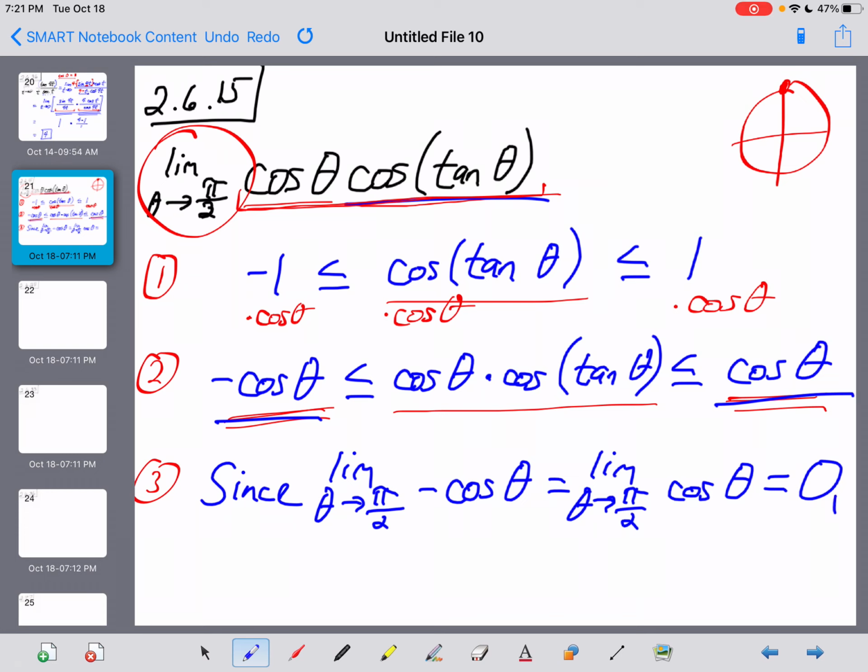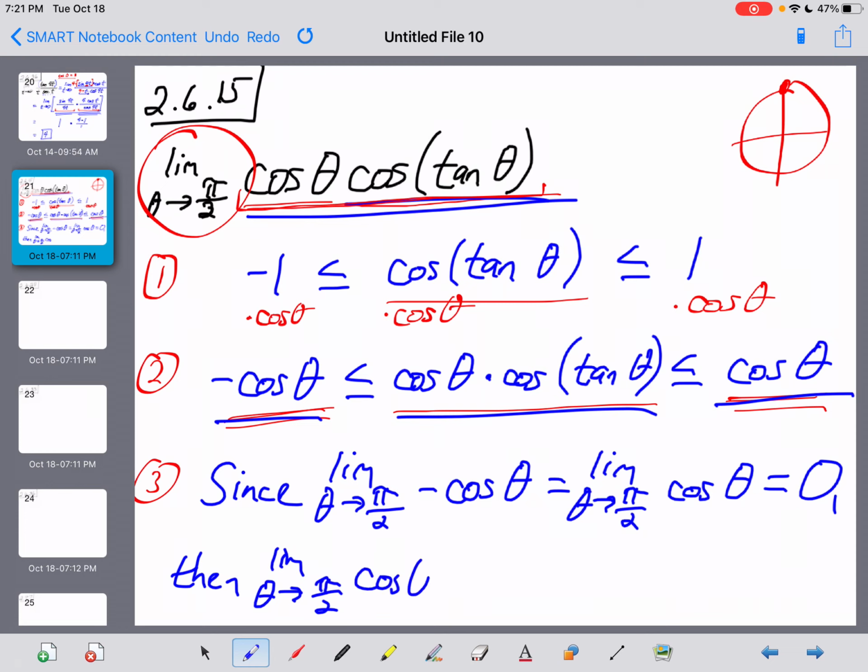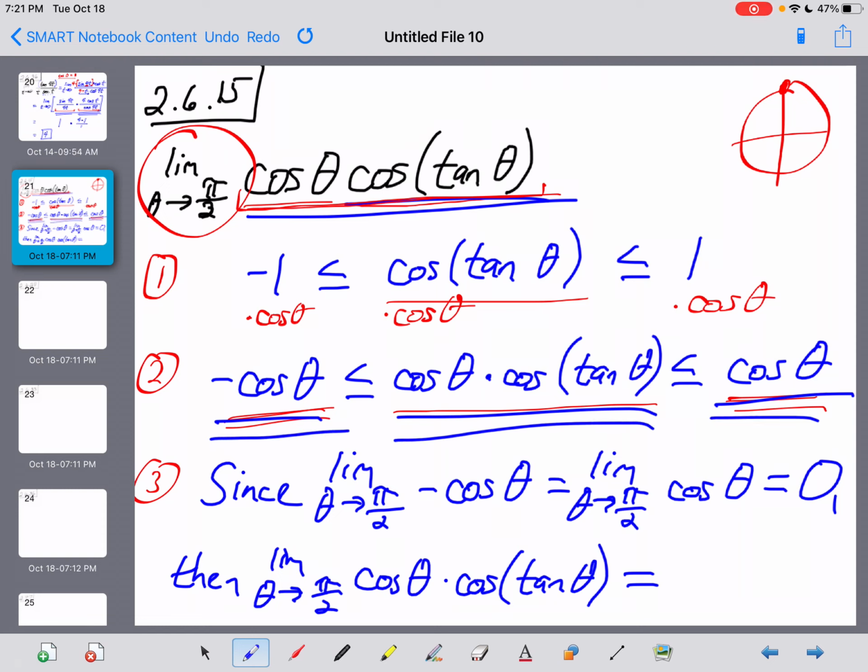They're both equal to 0. Then we can conclude now that the limit as theta approaches pi over 2 of this middle function right here, which is cosine of theta multiplied by the cosine of the tangent of theta, that limit has to equal the limit of the lower and upper limiting functions that squeeze this one here in the middle. Therefore, that limit is going to be 0 as well.